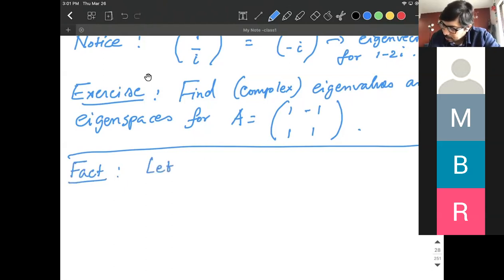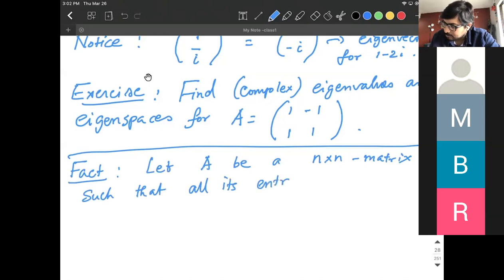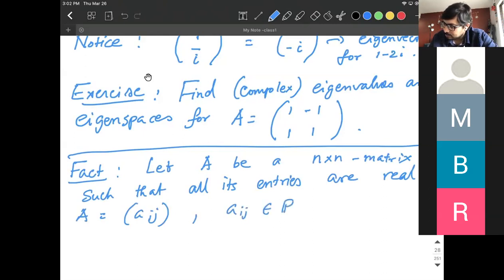Let A be an n cross n matrix such that all its entries are real. What does it mean? It means that A has this form a_ij, and each entry is a real number.